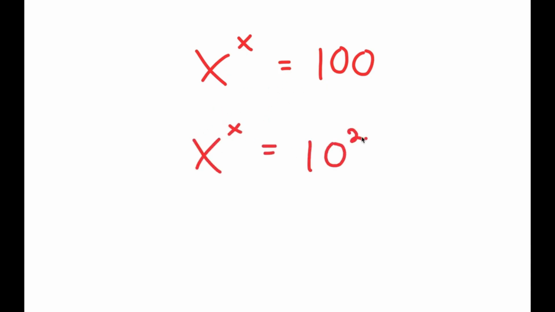Alright, so in this video, I'm going to solve the equation x to the power of x is equal to 100. So I'm going to first start by rewriting 100 as 10 squared.